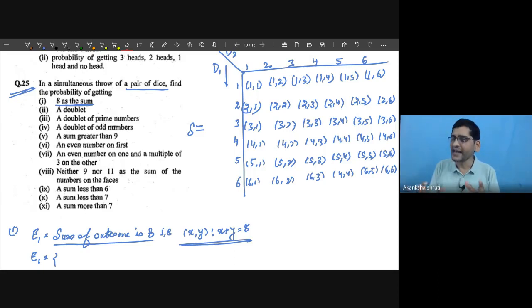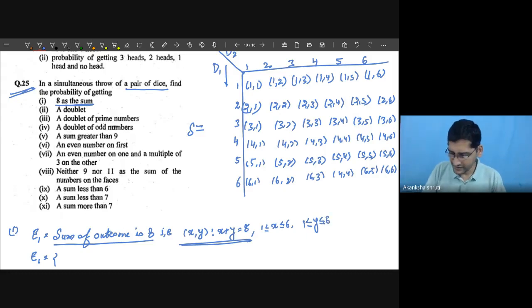X and Y can have values from 1 to 6. That condition you can also write here: 1 less than or equal to X less than or equal to 6, similarly 1 less than or equal to Y less than or equal to 6.